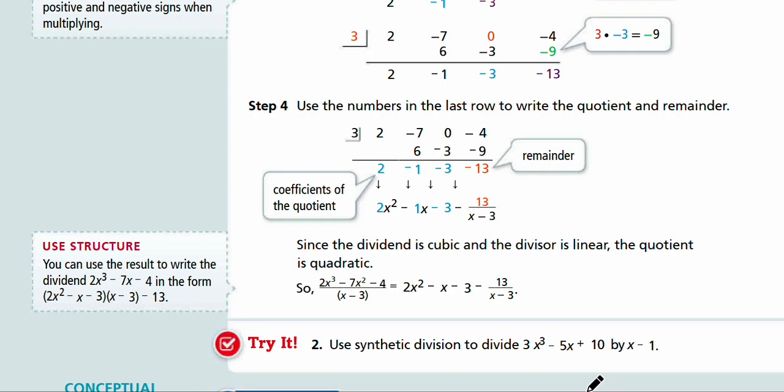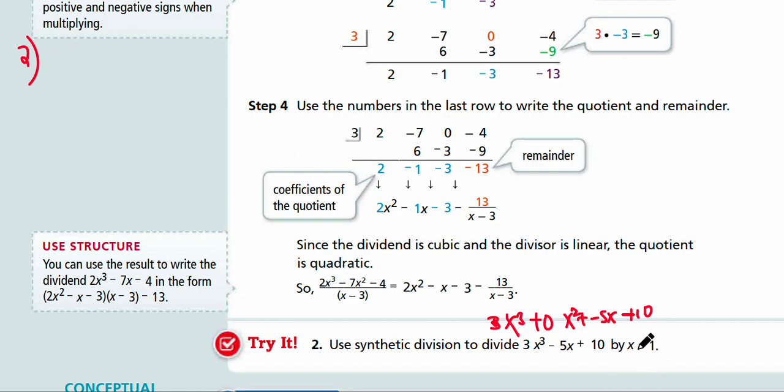Okay, are you ready? So try number 2. How are you going to use synthetic division? Make sure all your terms are out there. You have the x cubed term, and then you have 0x squared, and you have -5x, and then you have plus 10. So those are your coefficients.